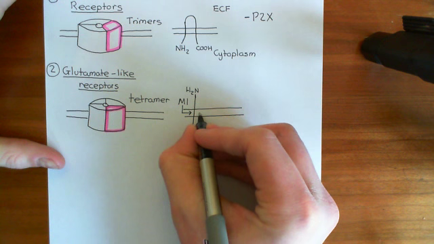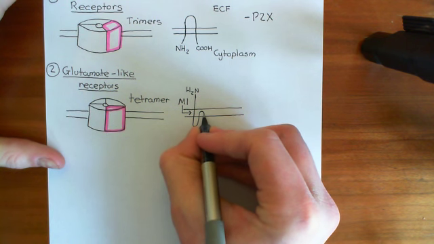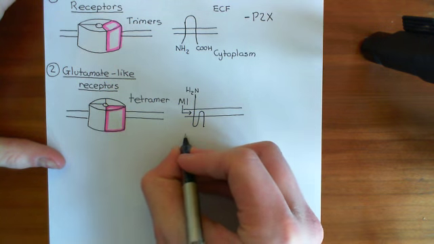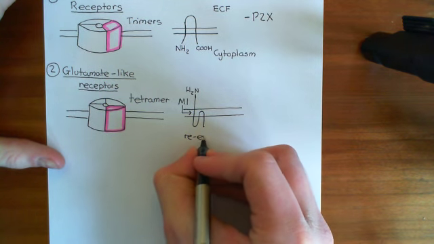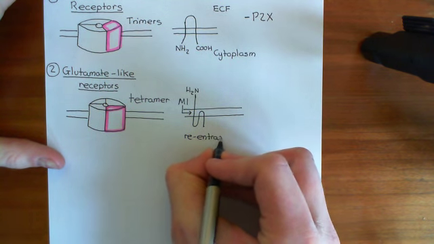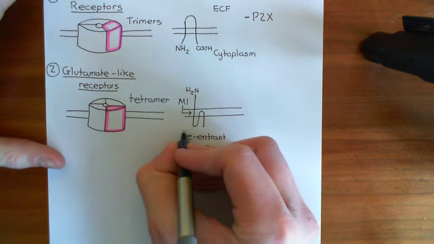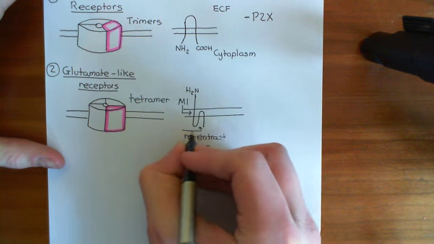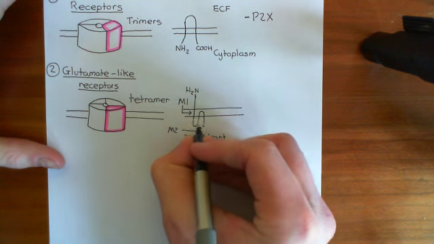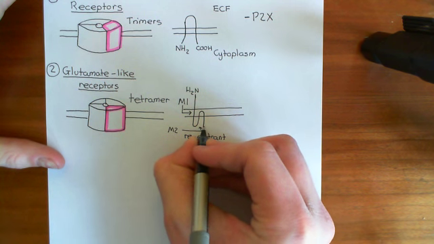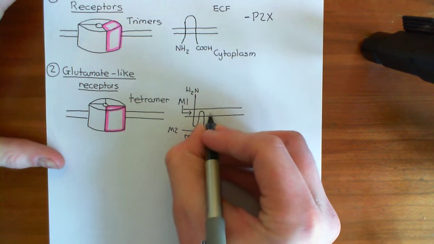Then they have a re-entrant loop, which basically means you sort of try to go across the membrane and then you fail and come back. So this is called a re-entrant loop. The re-entrant loop is so important that it is actually given its own name. It's called M2. So the entire thing from here all the way down to here is considered M2 of the glutamate-like receptor.